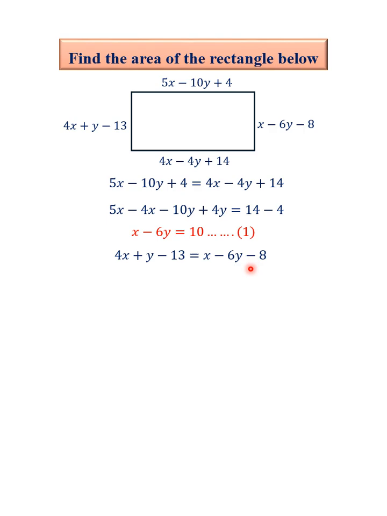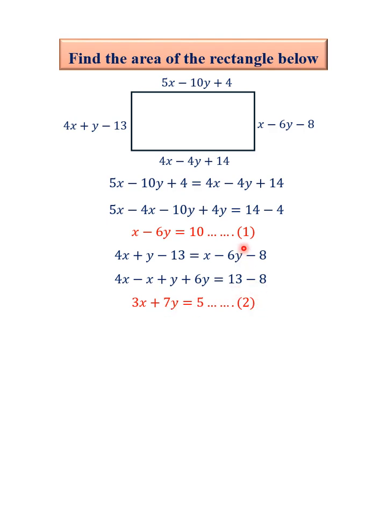Again, we collect like terms or rearrange all variables to the left, constant terms to the right, so that we have 4x minus x when this x crosses over, plus y plus 6y when this 6y crosses over, equals this 13 crosses over to become 13, and we have minus 8. 4x minus x is 3x, y plus 6y is 7y, and that is equal to 5 because 13 minus 8 is 5. Let's call this equation 2.